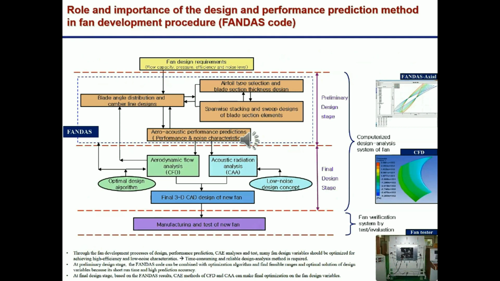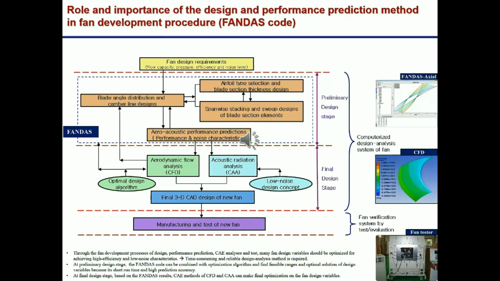As you can see in the general fan design procedure of this flowchart, once fan design requirements of flow capacity, pressure rise, efficiency, and even noise level are given, we can determine main design parameters such as the tip and curb diameters. And we can make a blade angle distribution and the camber lines of a blade section.